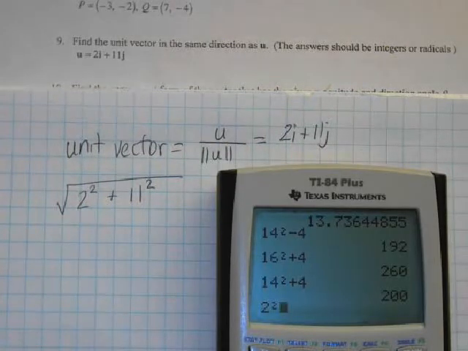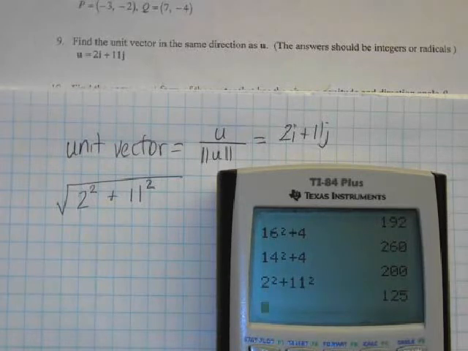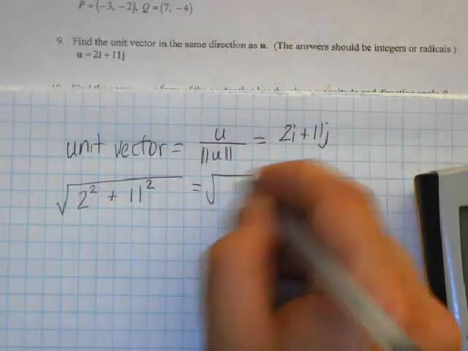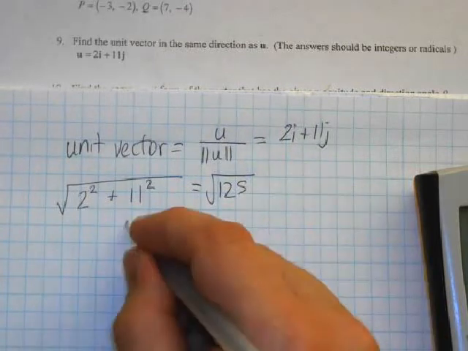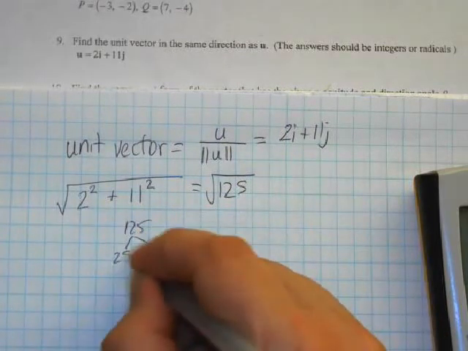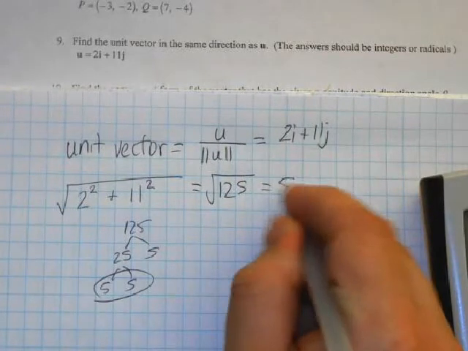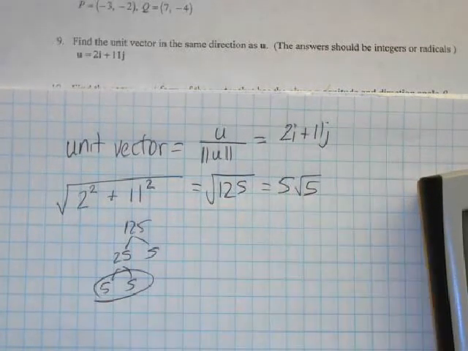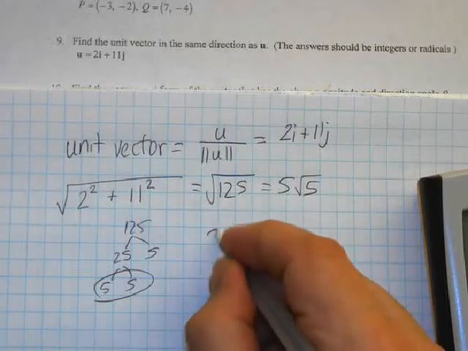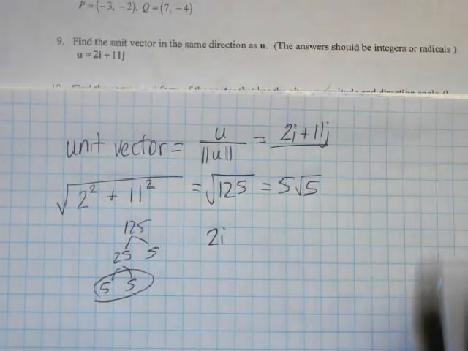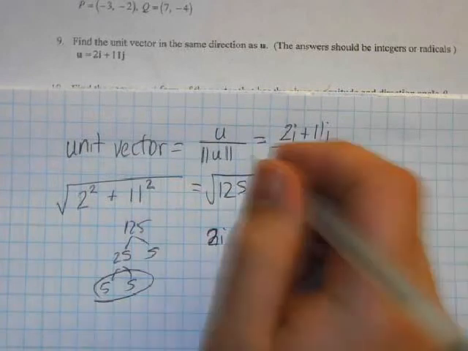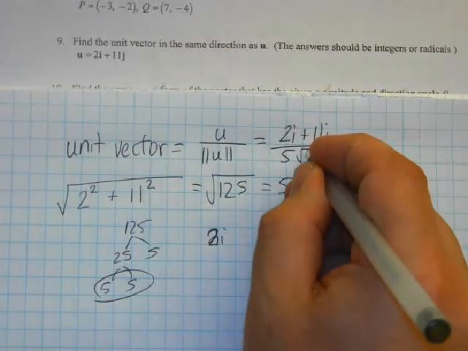Gives us 125, which is 5 radical 5. So the unit vector, we get 2i plus 11j over 5 radical 5.